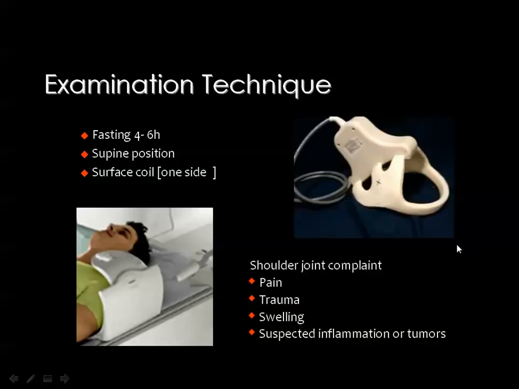There are so many appearances of the shoulder coil, and these are two of the commonly used surface coils for examination of the shoulder. The major indications are similar to any of the major joints, including pain, trauma, swelling, suspected inflammation, and or tumors.